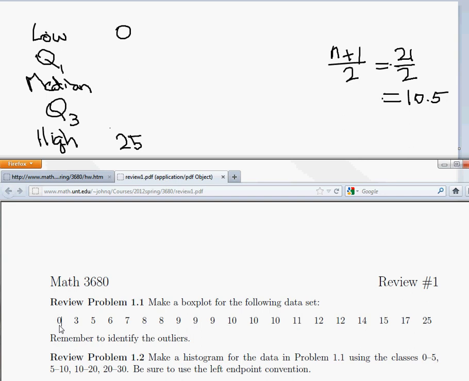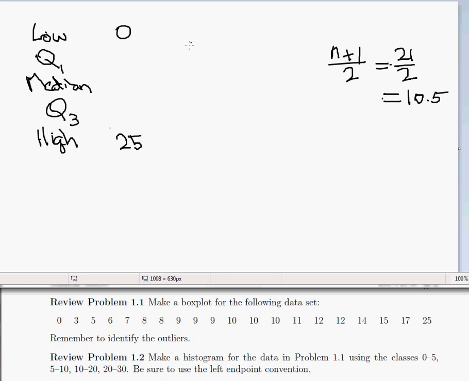Over here we have 0, 1, 2, 3, 4, 5, 6, 7, 8, 9, 10. So the 10th and 11th entries are the 9 and the 10. So the median will be the average of 9 and 10, so 9 plus 10 over 2, which is 9.5.